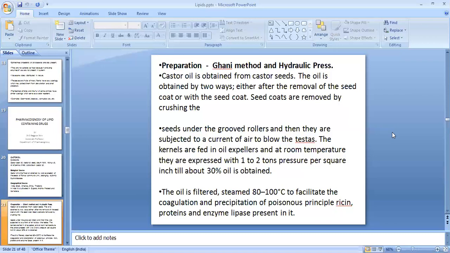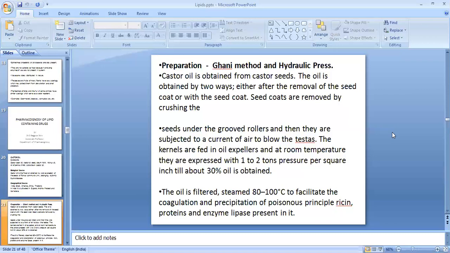Then the kernels are collected and fed into the oil expellers, that is nothing but your hydraulic press. At room temperature, by applying 1 to 2 tons per square inch pressure, the oil is expressed. At this condition, about 30% of the oil is expressed. That is called your cold ground oil.